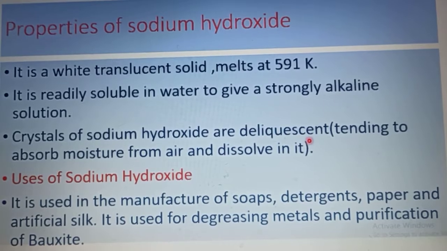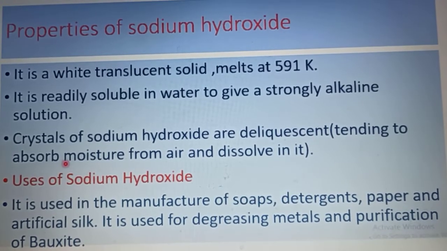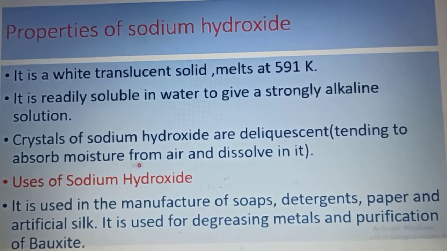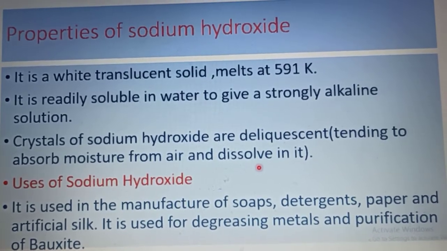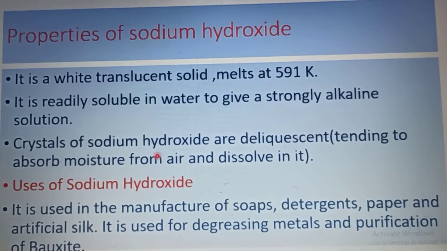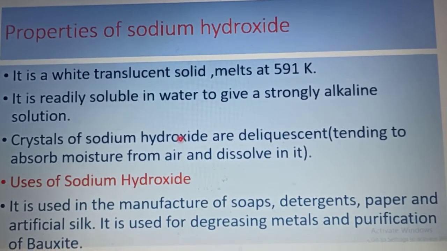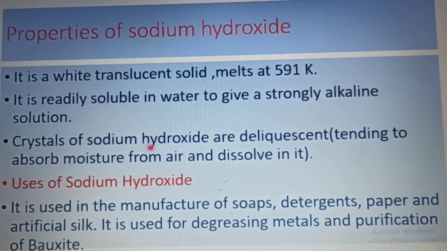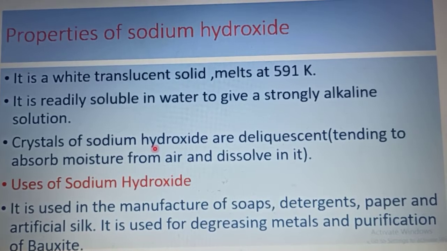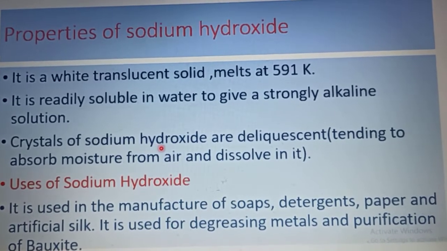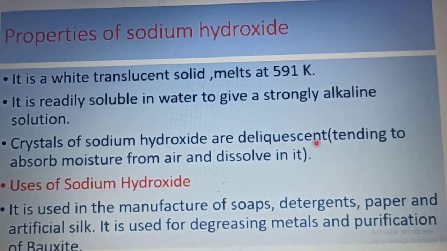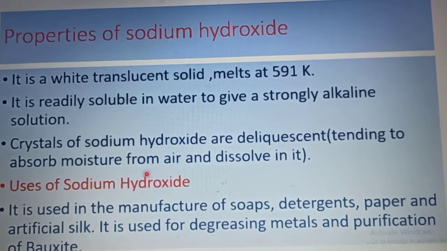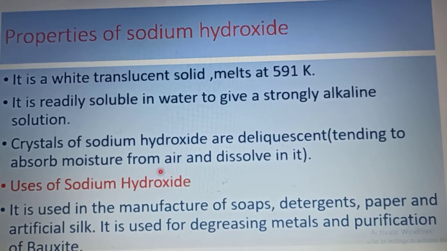Deliquescent means it has a tendency to absorb moisture from air and dissolve in it. Meaning if you keep it open in moist air, you will see that it has some water in it.